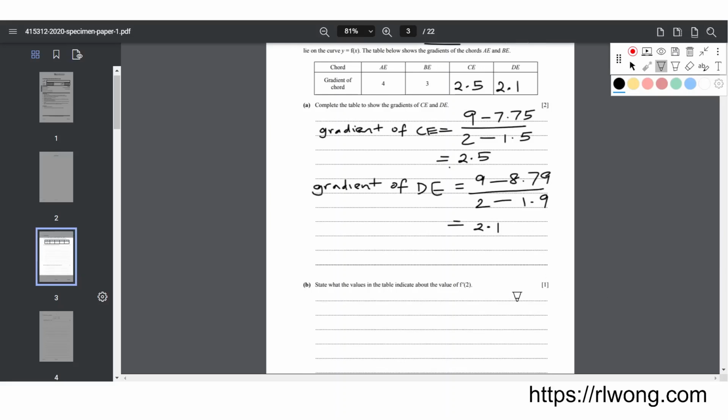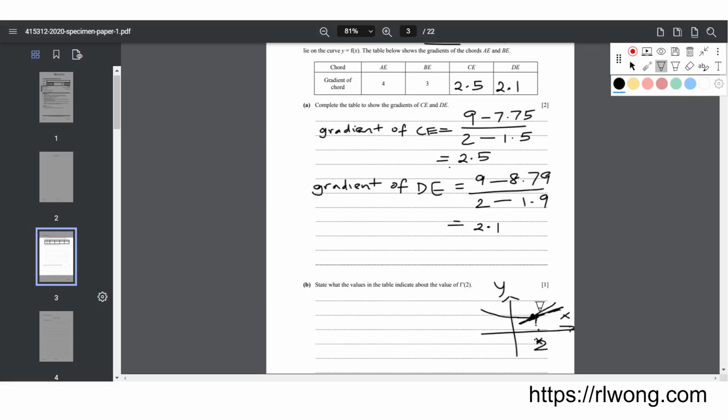Recall that if you have a graph, and I'm interested in the gradient at x equals 2, then the gradient of the tangent can be approximated by the gradient of the chord between 2 points, and the nearer the 2 points are, the better the estimation.